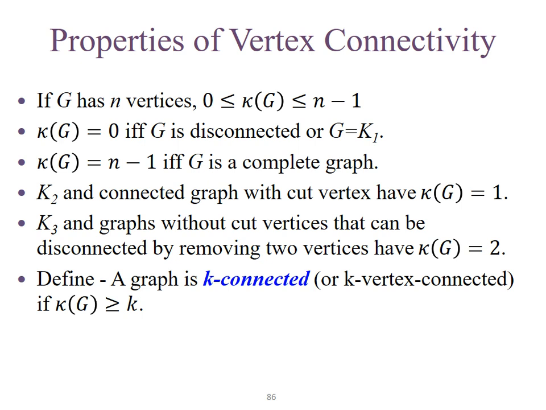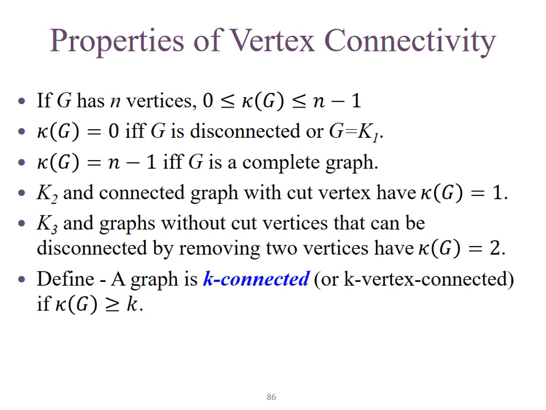All right. Next, let's see some properties of vertex connectivity. So if we have n vertices in the graph G, then the vertex connectivity kappa of G will be between 0 and n minus 1. Remember, kappa of G is the minimum number of vertices to be removed to produce more connected components. So if the number is 0, that means the graph G is already a disconnected graph.